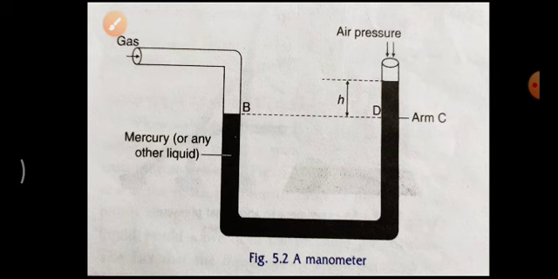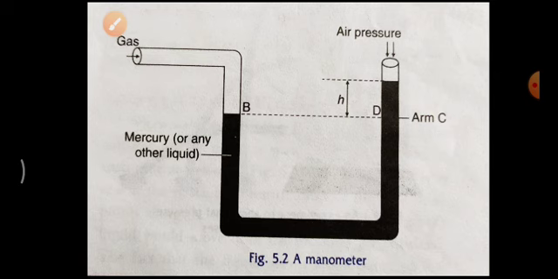So the gas exerts pressure on the left arm, that is on the mercury level inside the U-tube, whereas the atmosphere exerts pressure on the right arm, because this one is the open one. Simple, as you can see.